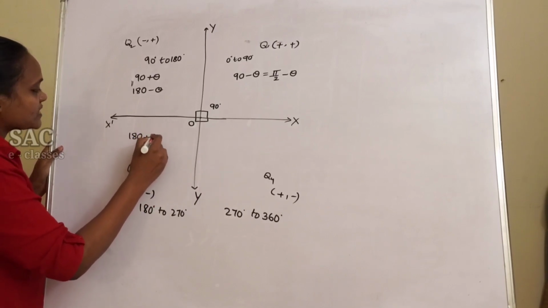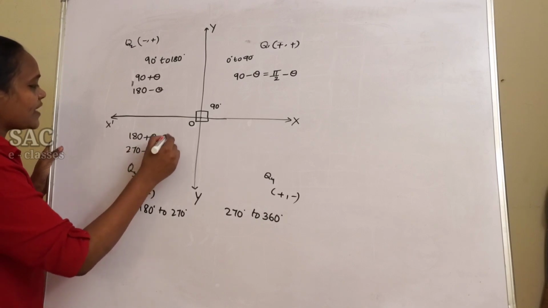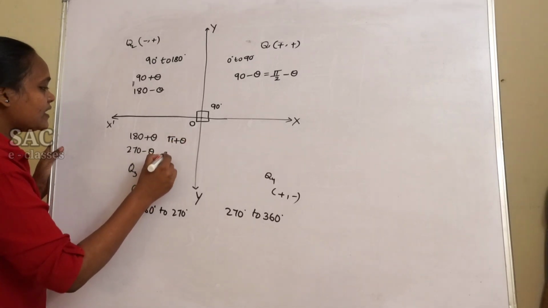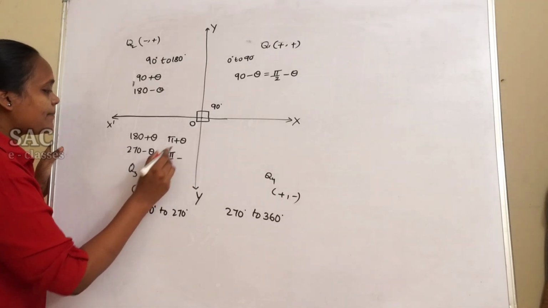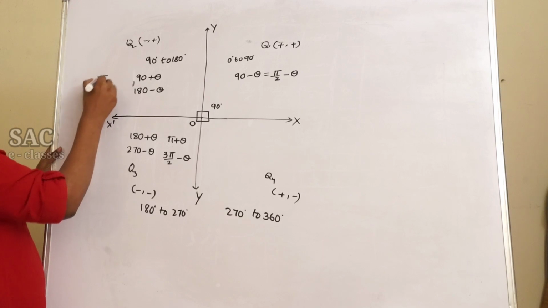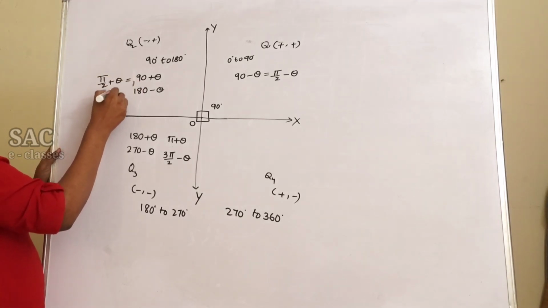So 180 plus theta, 270 minus theta. You can write it as pi plus theta. 270 is 3 pi by 2, so 3 pi by 2 minus theta. Here it is pi by 2 plus theta, pi minus theta.